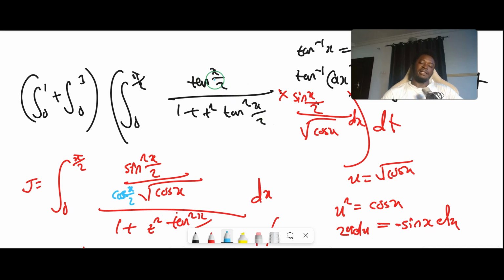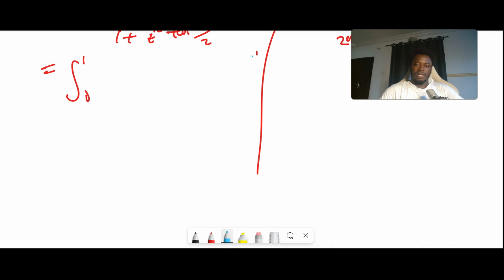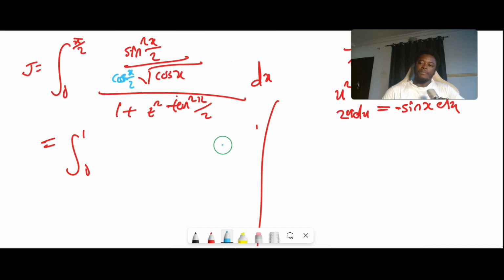Here we converted the tan to sine of x over 2. So sine of x over 2 multiplied by sine of x over 2 gives you sine squared x over 2, but the extra factor of cosine squared of x over 2 is at the bottom.